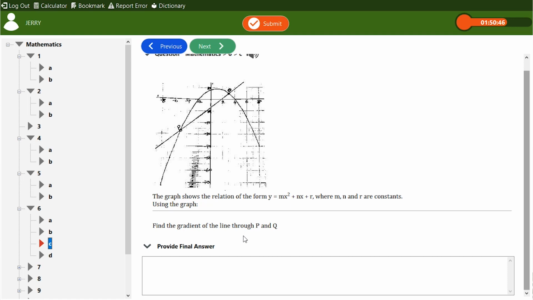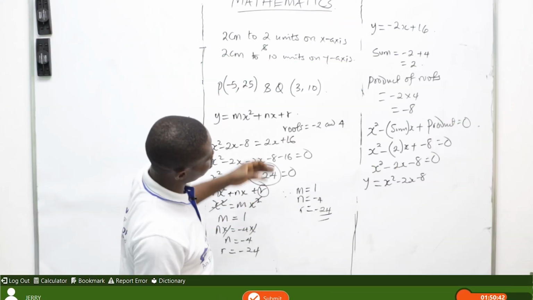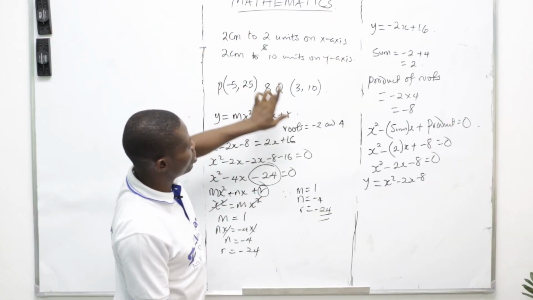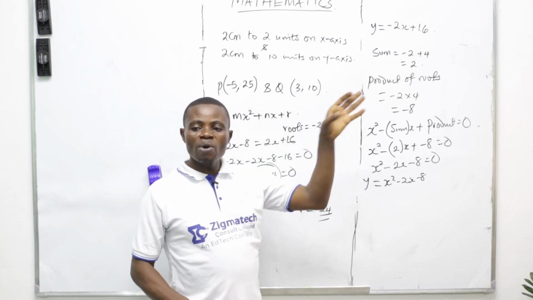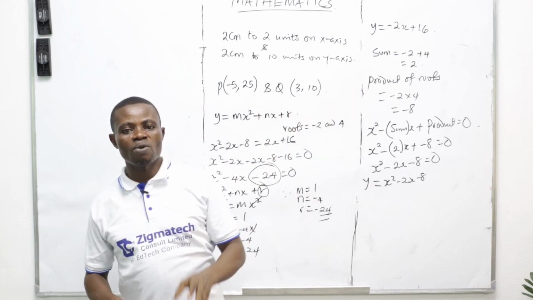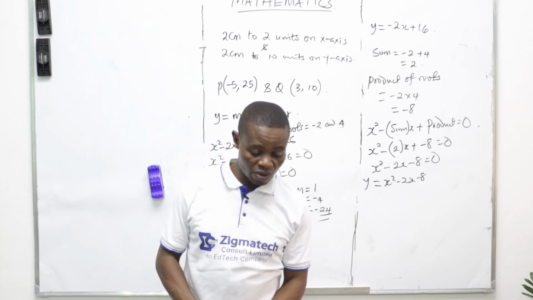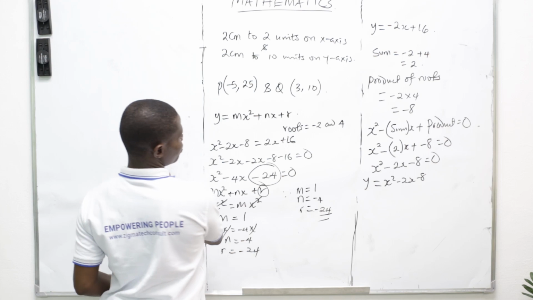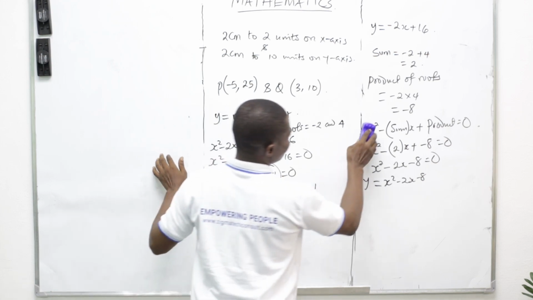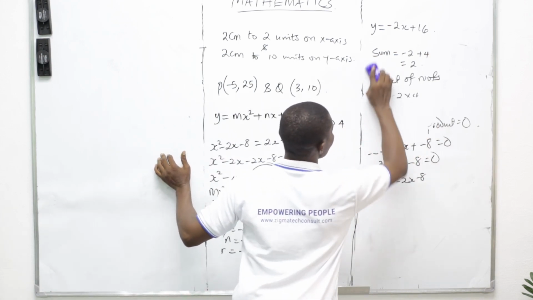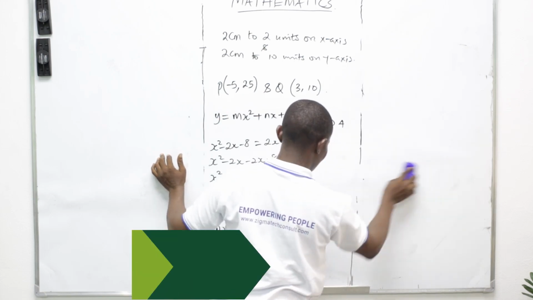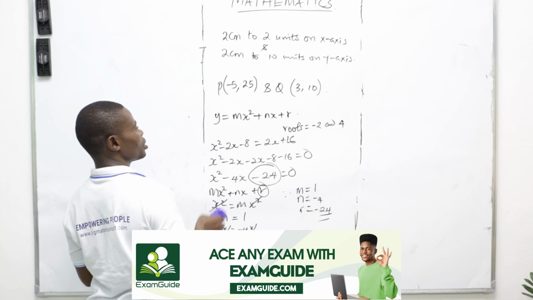The gradient of the line through PQ. That is, this same equation, look at P, look at Q. Remember when I said y2 minus y1 all over x2 minus x1 equals what? Gradient. So, it's the same question they are repeating now, though we use this to find a solution to the constants in the equation given to us.